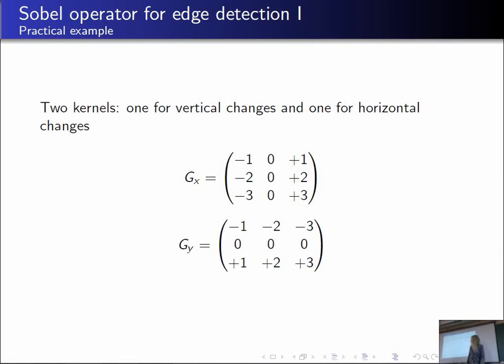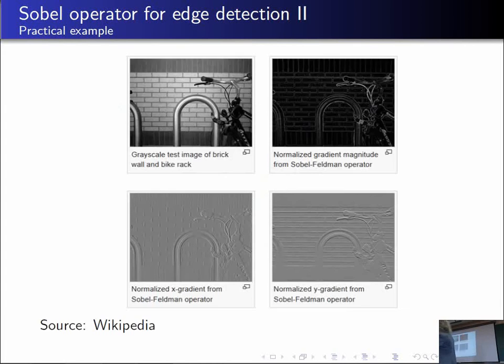Here I would like to give you a small intuition about what a kernel is. You have here two two-dimensional kernels, one for vertical change and one for horizontal change, called the Sobel operator, and it's used for edge detection.